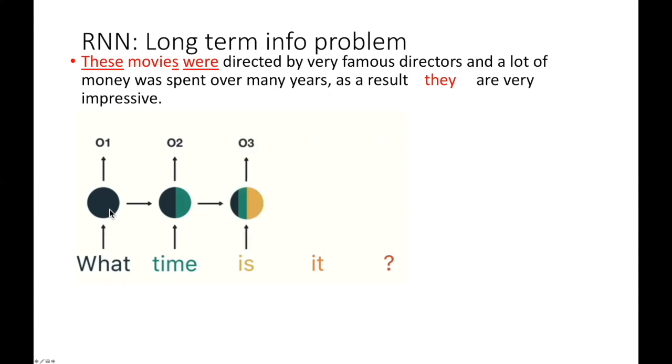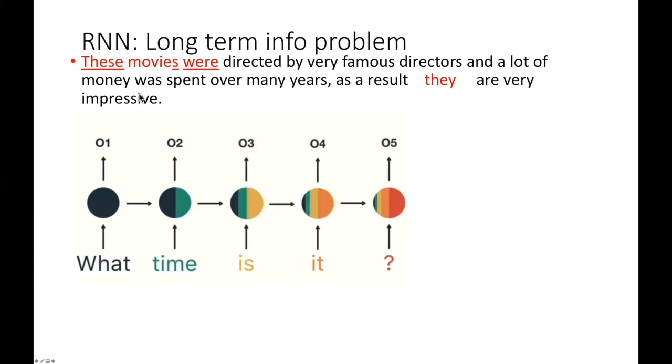So for example, what here, which is represented by the color black, becomes pretty small as you keep going ahead, right? And that is one of the problems wherein the RNN will completely forget what the initial part of the sequence was.